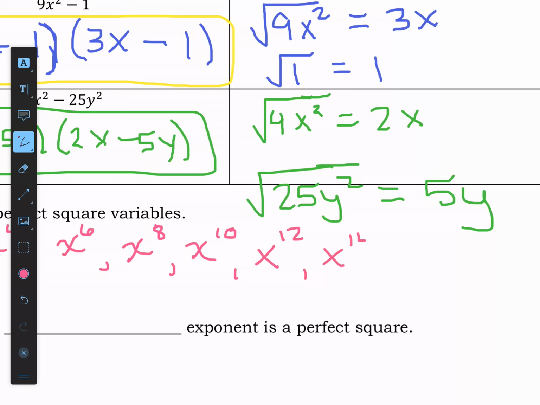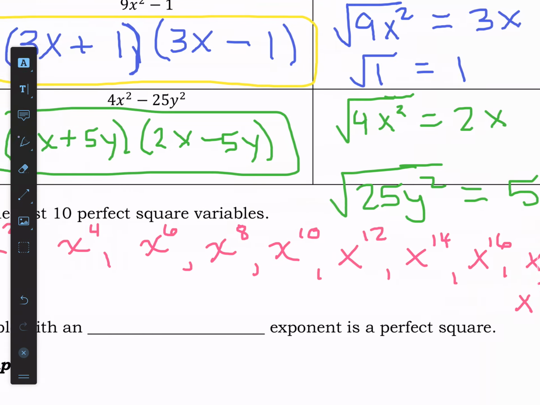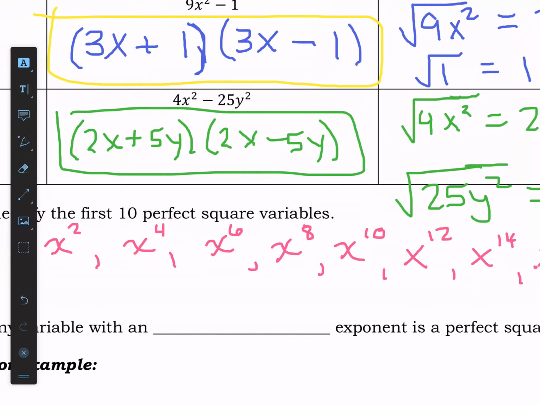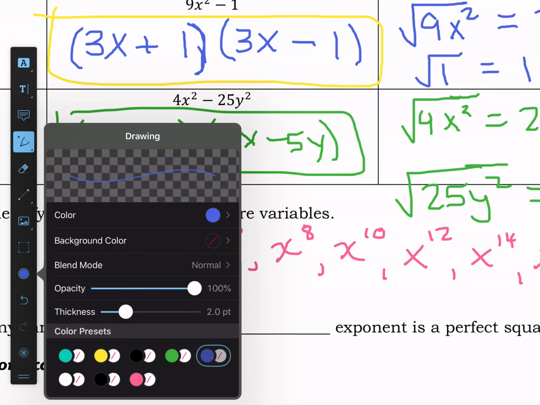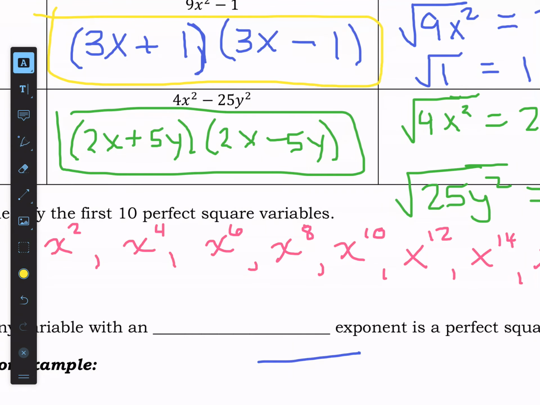The next one would be x to the 6th, and then x to the 8th, x to the 10th, x to the 12th, x to the 14th, x to the 16th, I'm hoping you're seeing a pattern, x to the 18th, and x to the 20th.